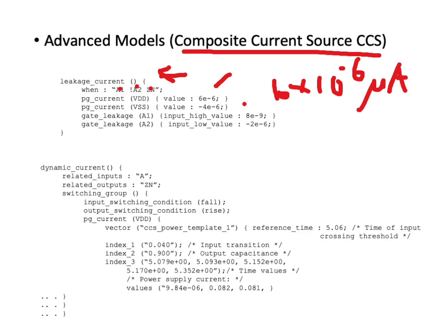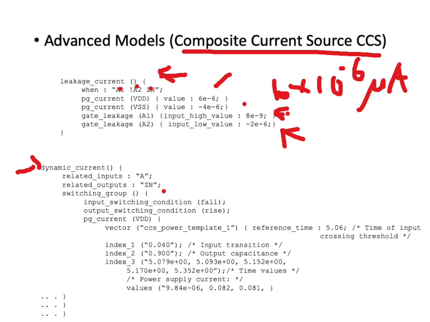And the leakage power associated with the gate, that is from the gate to the bulk, is given as these numbers. Okay. The currents can also be specified for switching activity, that is the short circuit currents associated with switching of the transitions at the output given transitions at the input.